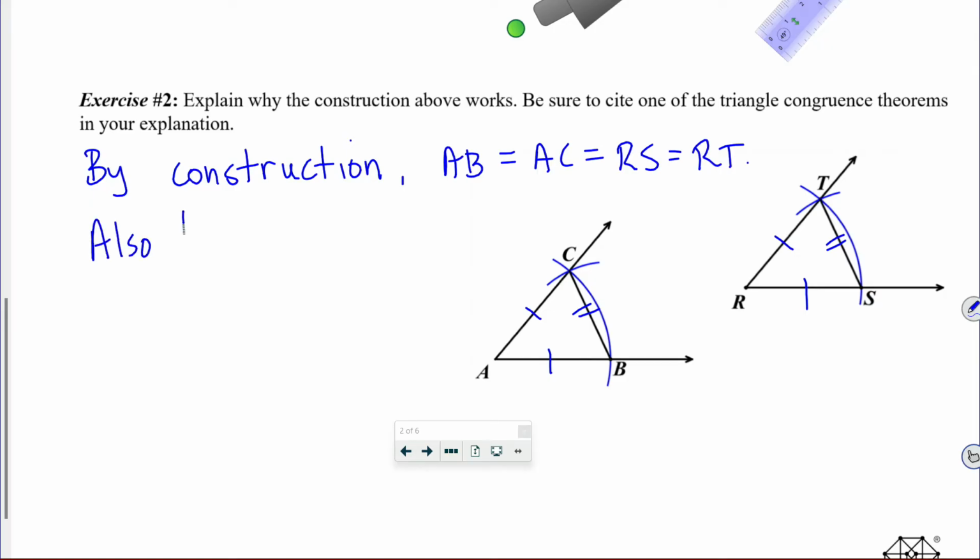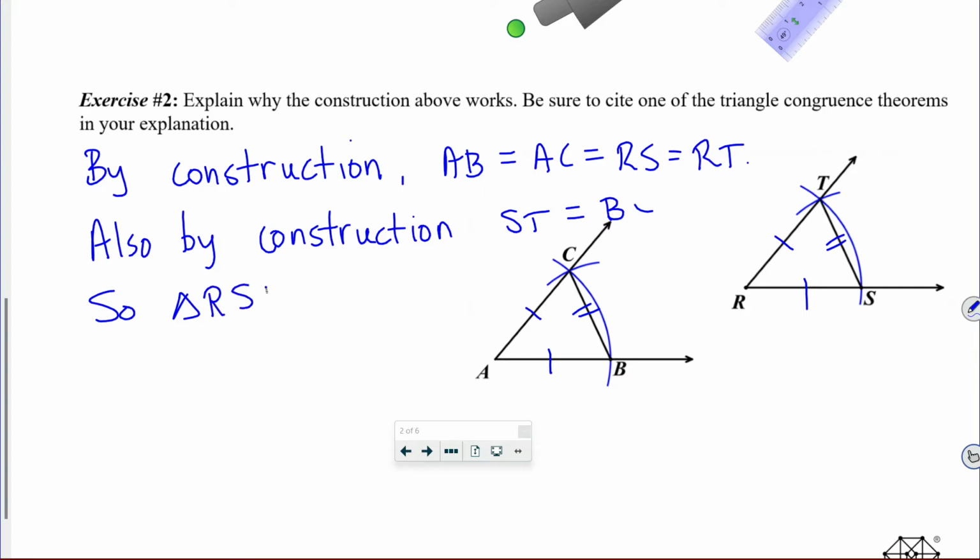Also, by construction, we know that ST is equal to BC. Okay, so triangle RST is congruent to triangle ABC by side, side, side.